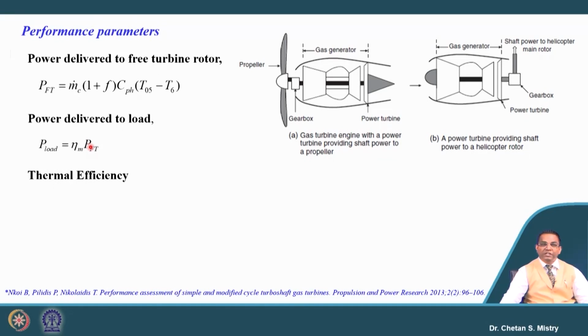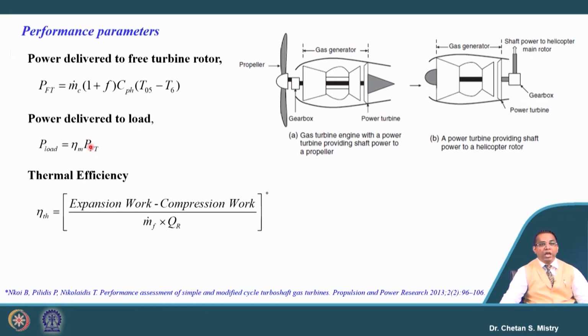Now thermal efficiency is a very important term because it is related to the performance calculation. Thermal efficiency can be represented by expansion work minus compression work divided by the amount of heat we are inputting. Basically this is nothing but output by input.